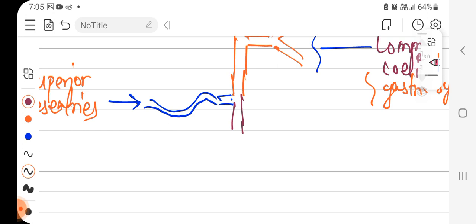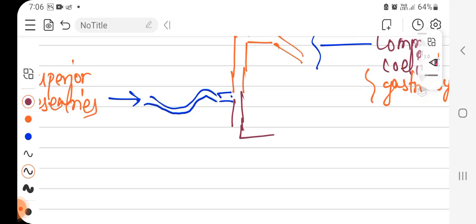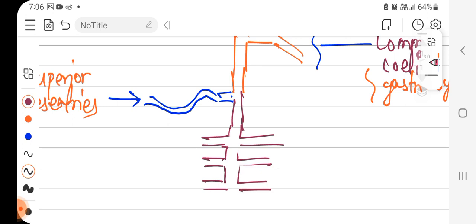First is suprarenal, then renal, then genital. A student feels it difficult to understand this.